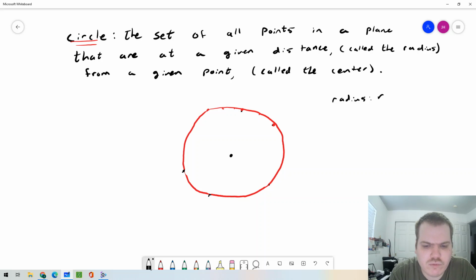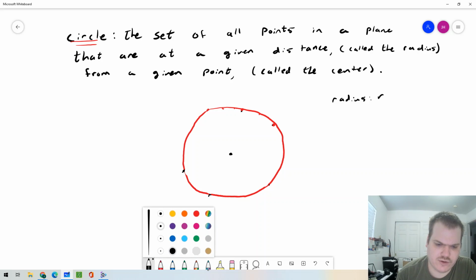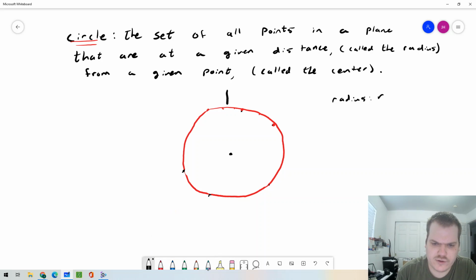So how would we come up with an equation to write this? Well, we go to the definition. If I pick some point, and let's call this my center, and in fact, let's put this on the x and y axis, on the Cartesian plane. The distance is not important, so we're going to leave the distance at r.